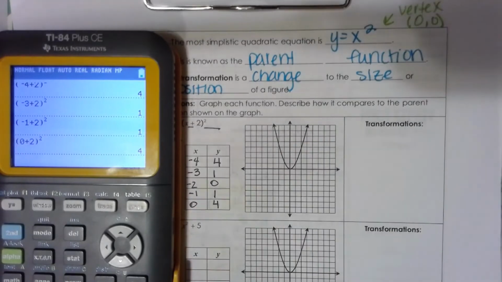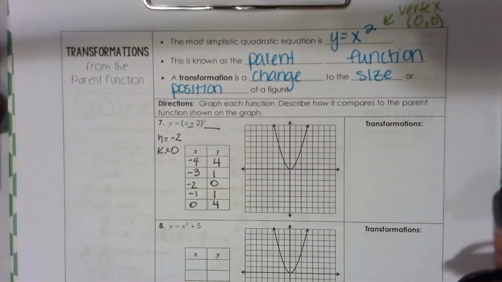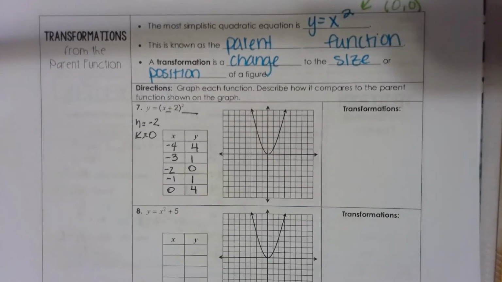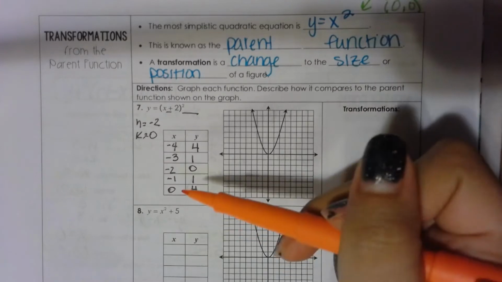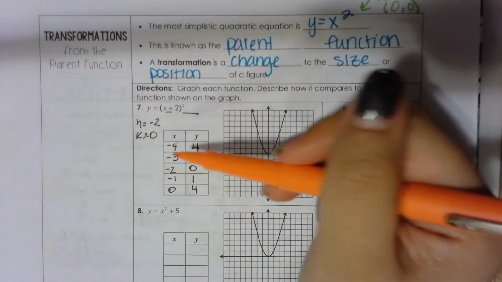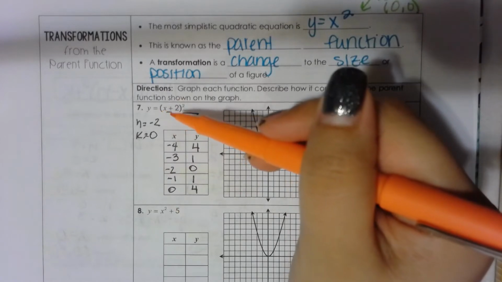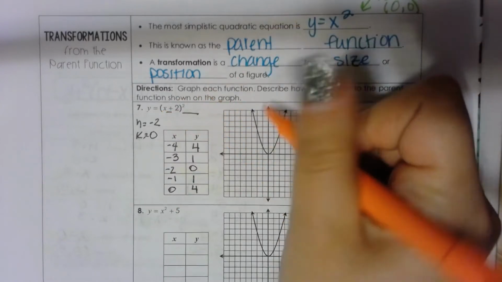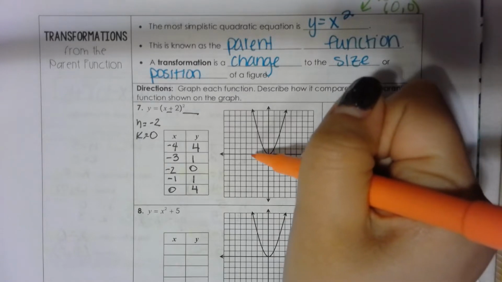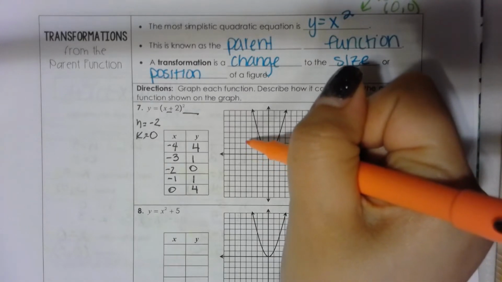Okay. The function that's already graphed is your parent function. That is what the graph of y equals x squared looks like. So then we're going to graph it, and do use a different color so you can see the difference. The function that we just found is y equals (x plus 2) squared. Starting at the origin, we're going to go left 4 and up 4 and place our dot.